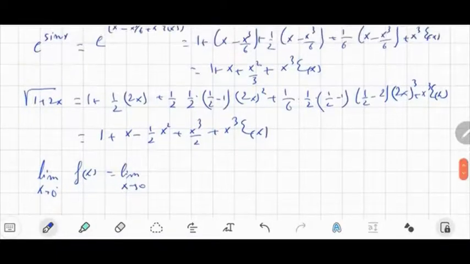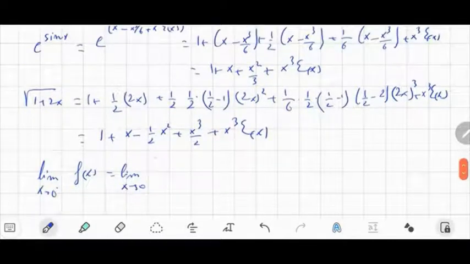In the numerator, if we make the difference between the exponential of sine x and the radical of 1 plus 2x, we have x2 over 3 minus half x2. Excuse me, let me correct something here. This is x2 over 2 and not over 3. So x2 over 2 minus minus x2 over 2 will be x2.